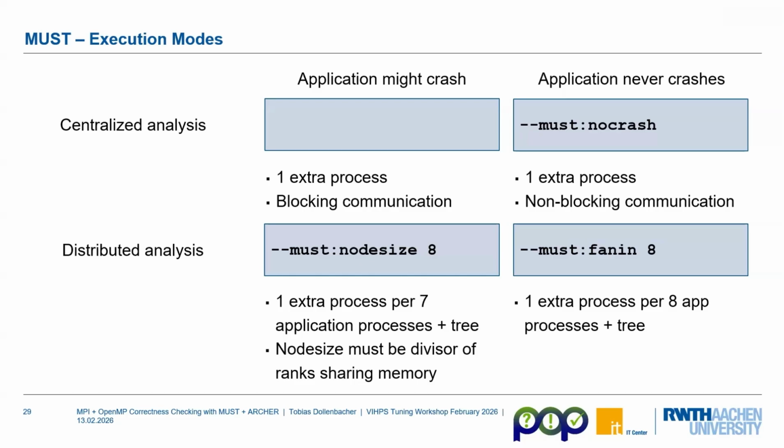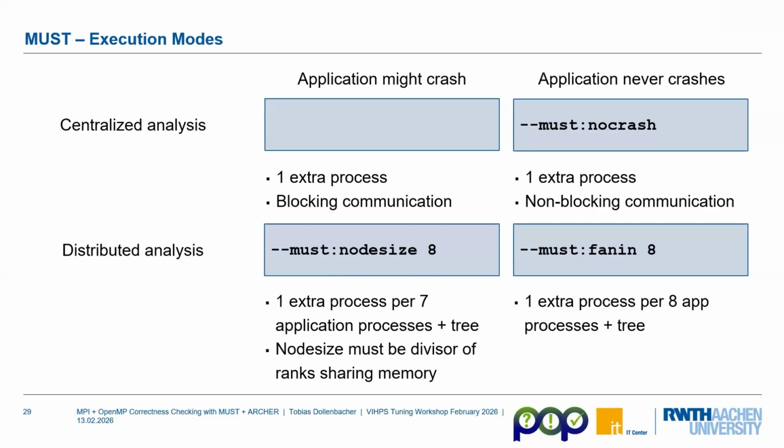So the name is a bit confusing. It comes from times when nodes were actually just 4, 8, or 16 processes. Now we have nodes with 96 cores or something like that. And so the guarantee that you provide is that the number of processes you put there is a divisor of a shared memory node.